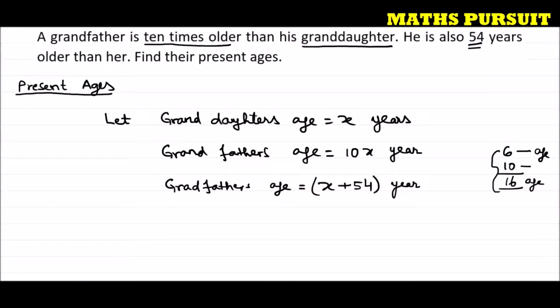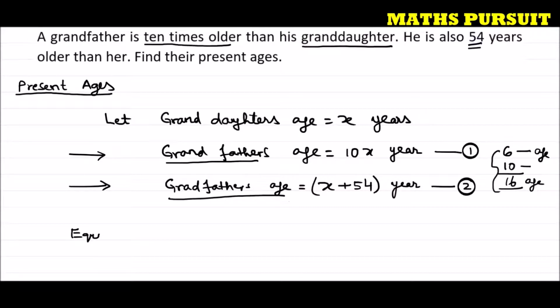Now guys, you could see that we got two equations here. This is one equation and this is two equation. Why? Because in both we got the age for grandfather. This is what the question has given us.